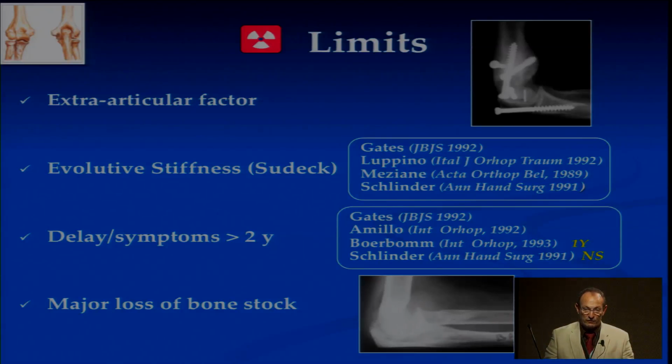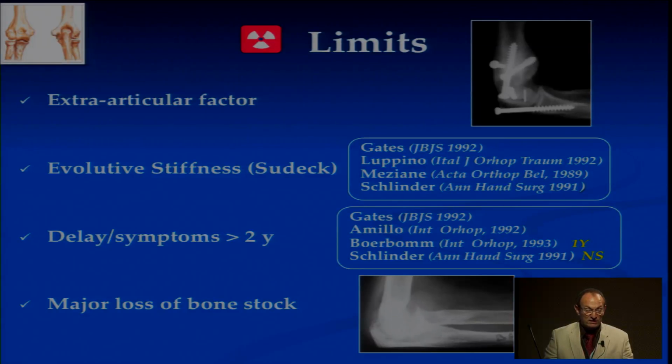The limits of the arthroscopic treatment for arthrolysis are, of course, every extra-articular factor, like in this case of malunion. When you have an evolutive stiffness, algodystrophy, complex regional pain syndrome, of course, you have to avoid any treatment. When the symptoms of stiffness last longer than 2 years, for some people, 1 year is the limit.